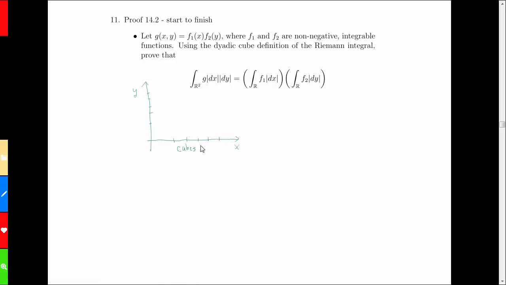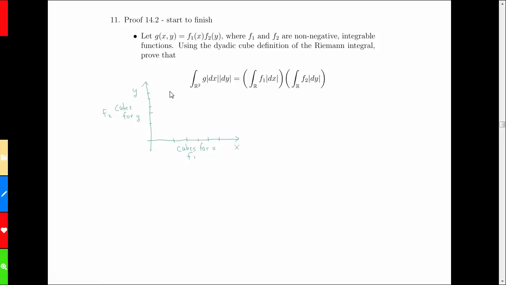So here are our cubes, really just intervals for x. Here are our cubes for y. Our functions f1 and f2 are functions of x and y respectively.